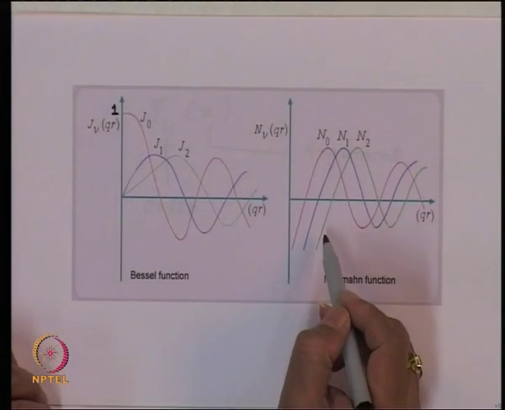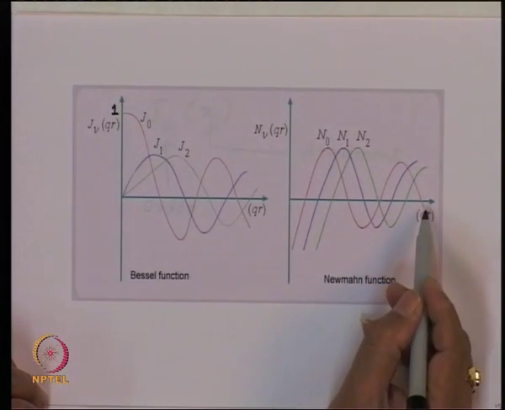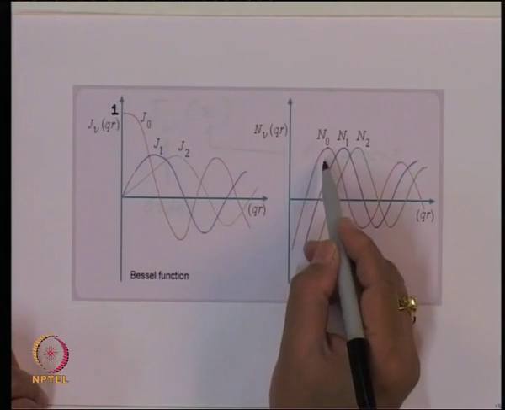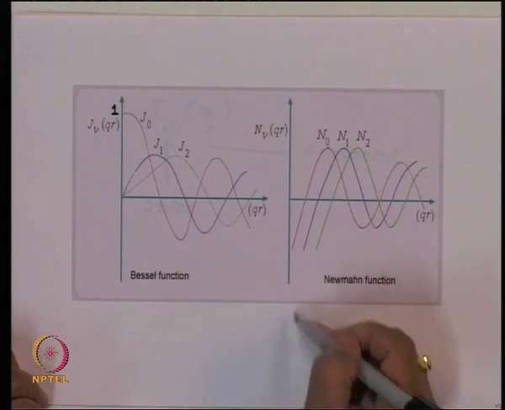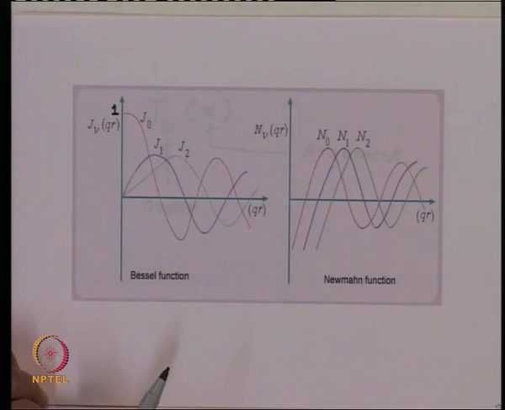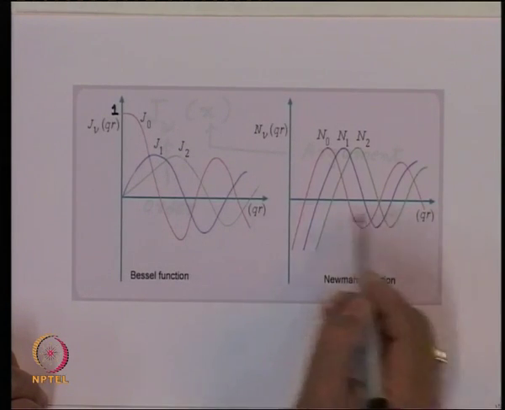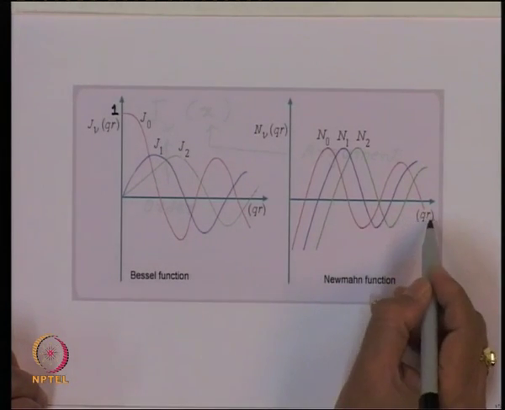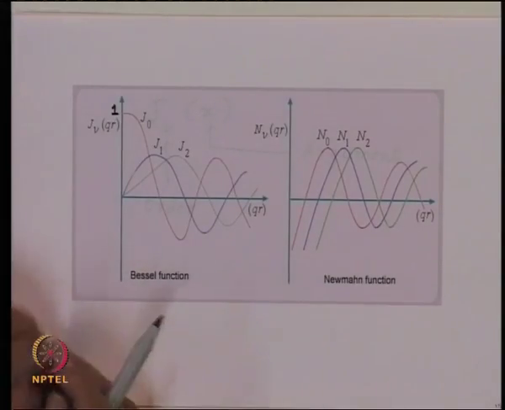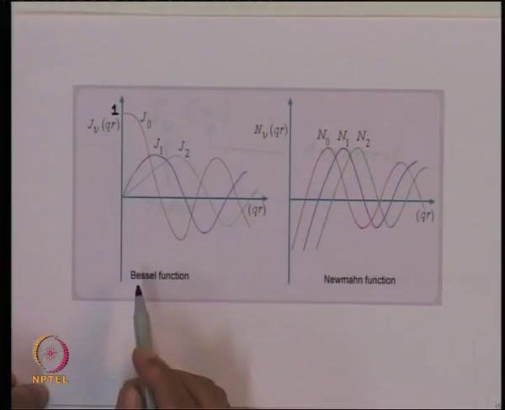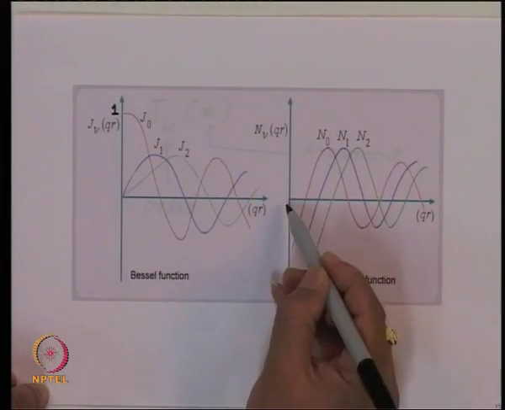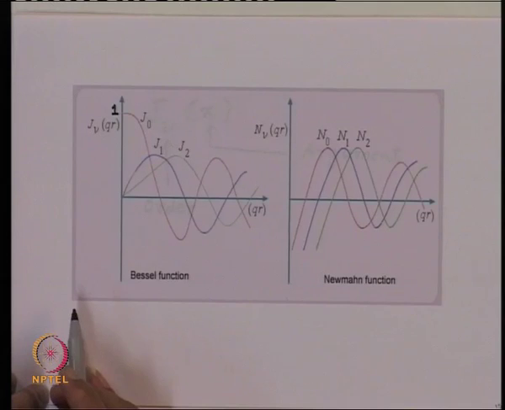If I go to the Neumann function, then as the argument approaches 0, all these functions approach minus infinity. So, if I go to q r equal to 0, that means if I reach toward the core of the optical fiber, the center or axis of the optical fiber, then r will go to 0 and we will approach this point, argument going to 0.